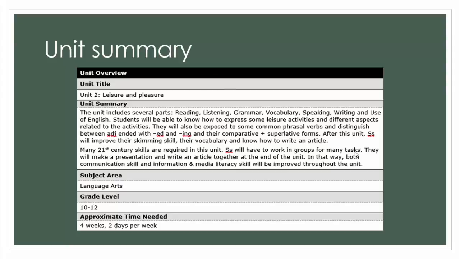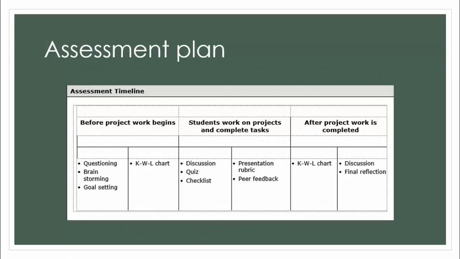Now we come to the second important part, which is the assessment timeline. This is my assessment plan. At the beginning of the unit, students will be presented with essential and unit questions. Then they will spend some time to brainstorm some ideas related to the topic, and they will set goals for the next activities of the unit.